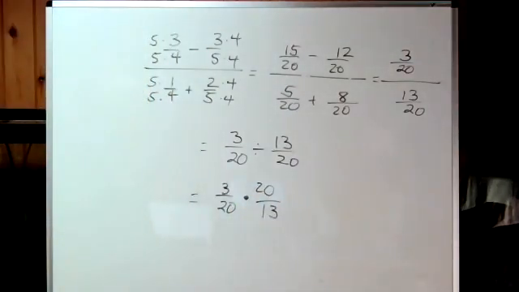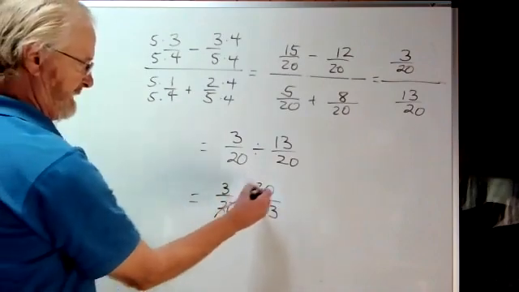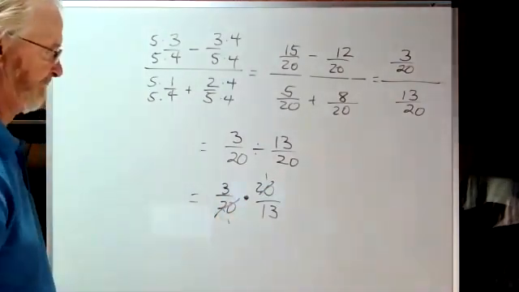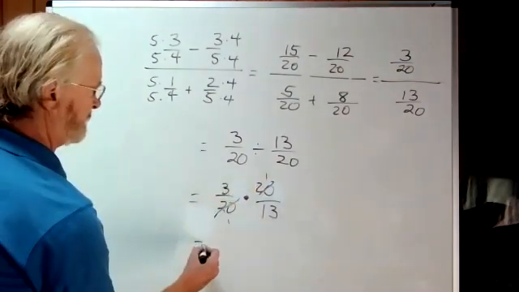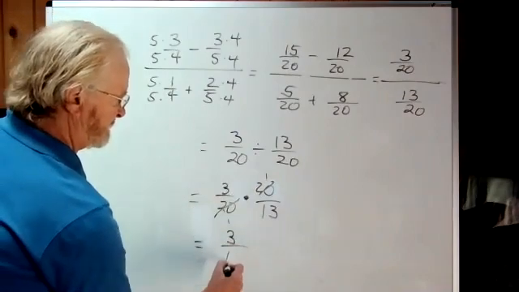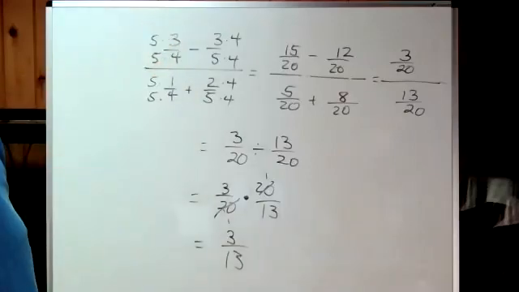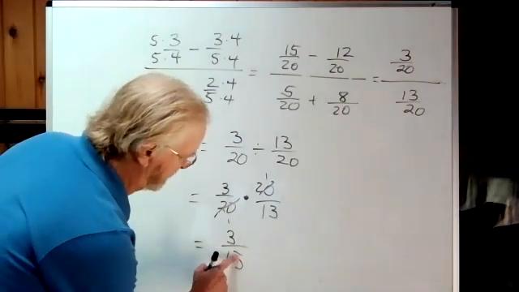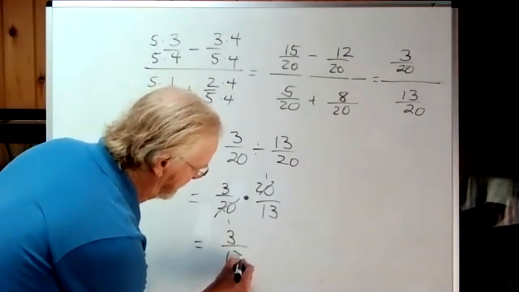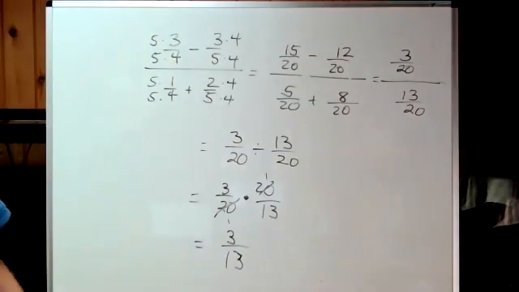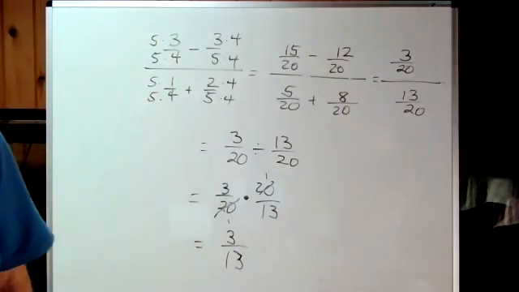Well, they all had 20s, so those are going to go away. 1 and 1, right? So I have 3 times 1, 1 times 13, 3/13. That messy looking thing to start with is equivalent to 3/13 simplified. Hope that looks like a 3 there to you. Anyway, that's as messy, as tricky as I think we're going to try to get with that stuff.